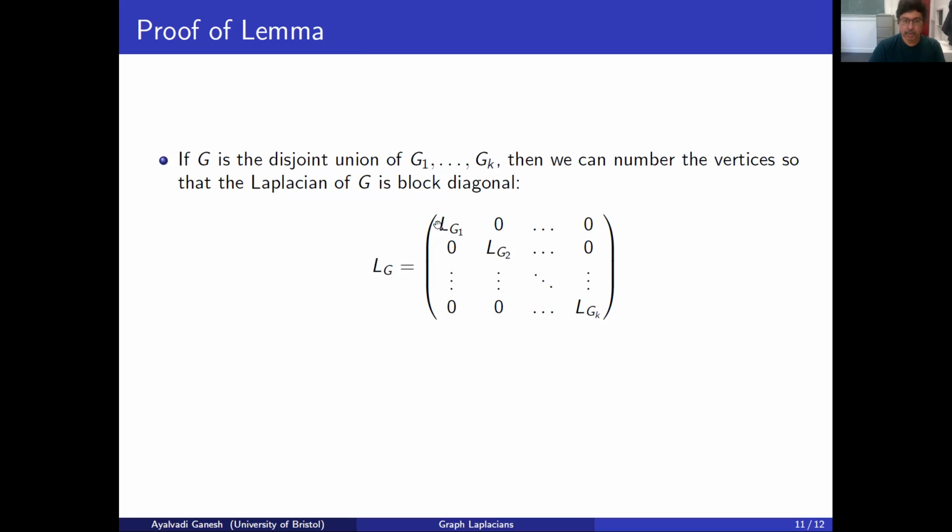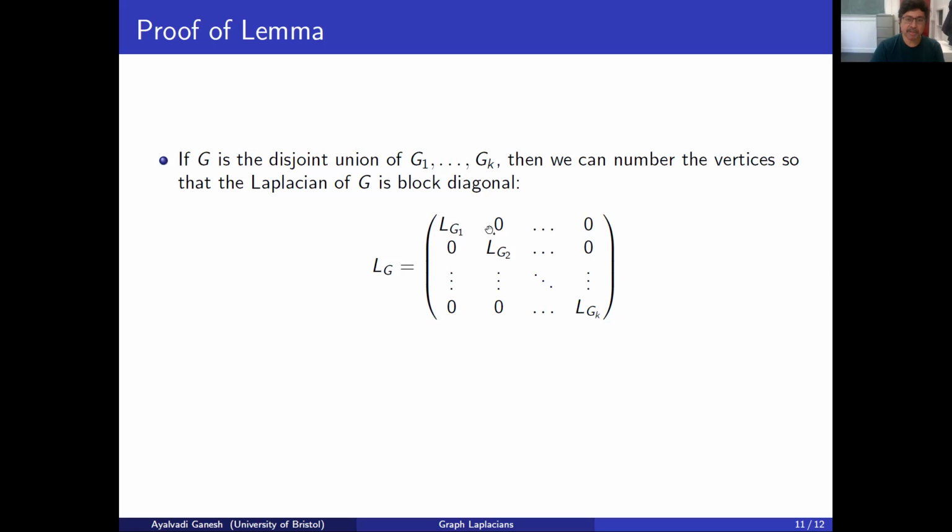There are only edges within G1, so there are no edges between vertices of G1 and vertices of G2. Everything on the diagonal is the degrees, and everything off the diagonal comes from the adjacency matrix.